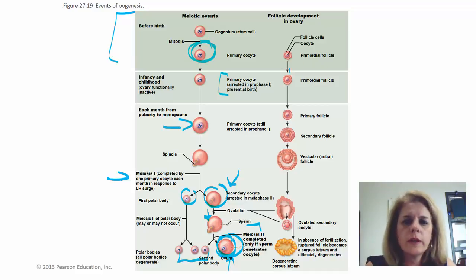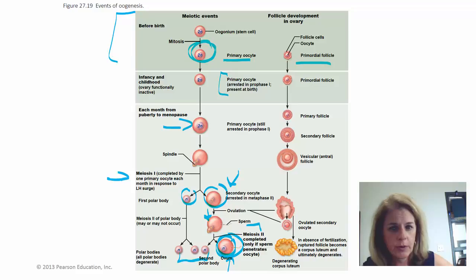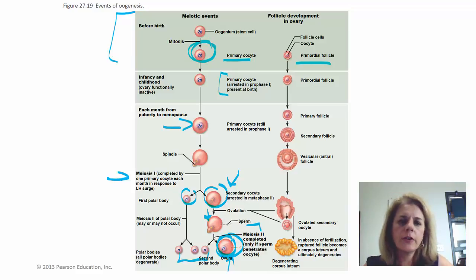So what you're born with are these primary oocytes and primordial follicles. During infancy and childhood, these primary oocytes are in arrested development. So you have those primordial follicles, that's what you're born with. At puberty, once that egg is selected, it's starting to move forward into the oogenesis process.